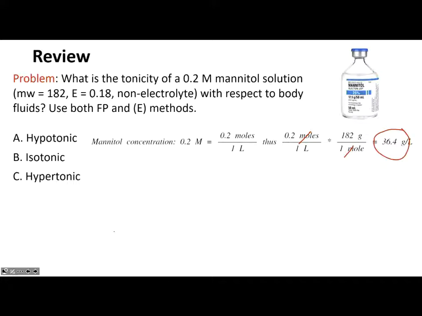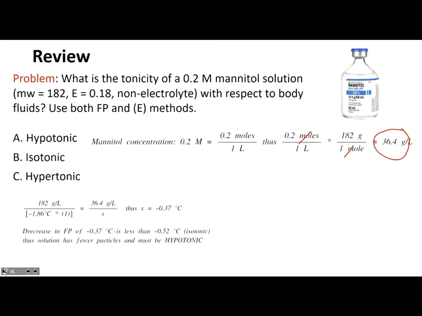Okay? The reason we need to do that is if you remember back to the formula for the freezing point depression method, we said you can determine the freezing point depression of any concentration of a solution by setting it up first with, on the left-hand side, on the numerator, the molecular weight of the product, mannitol in this case, which is 182, in the units of grams per liter. And that was specific. That's why we had to get back to those units.